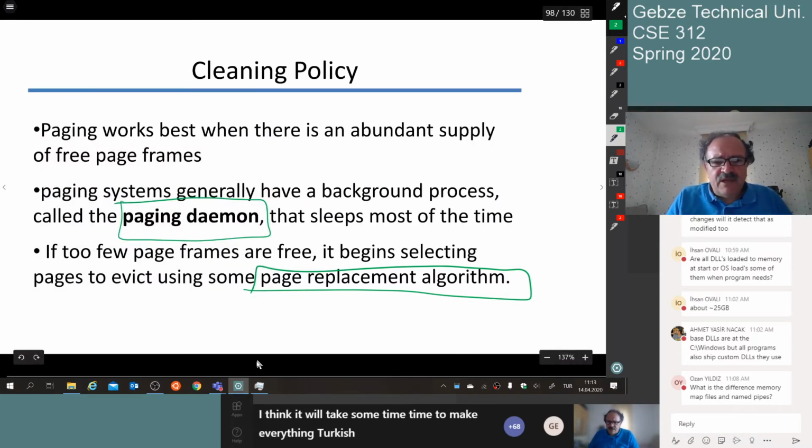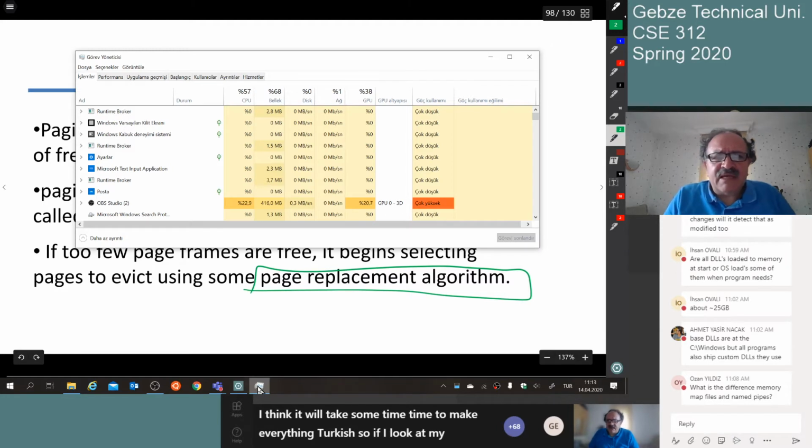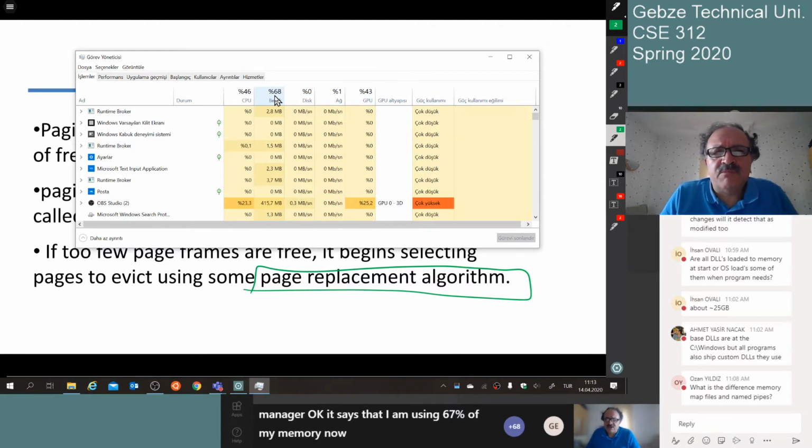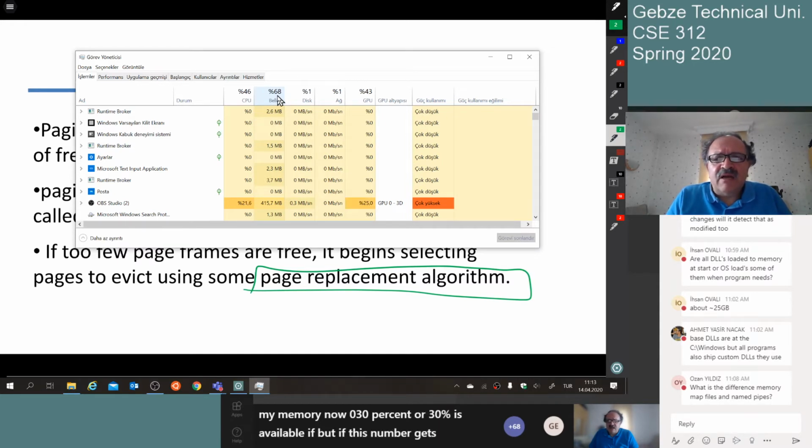So if I look at my task manager, it says that I am using 67% of my memory now. 33% is available. But if this number gets up to 80%, I will feel my computer is sluggish because I will have lots of page faults and those pages need to be replaced.